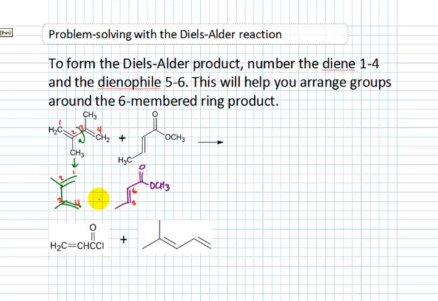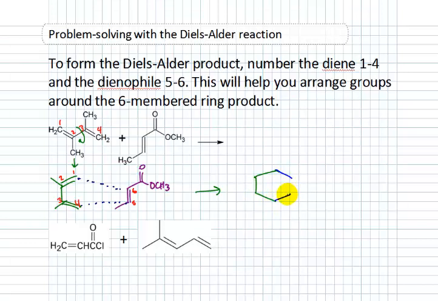Remember what happens in a Diels-Alder. 4 joins to 5. 1 joins to 6. And then the double bond migrates to between 2 and 3. So for the product, you can always start by drawing a six-membered ring.